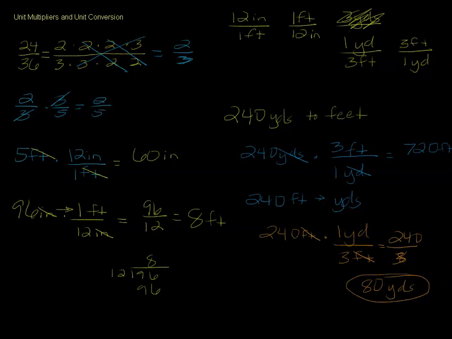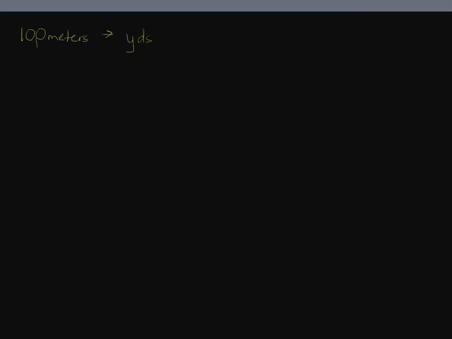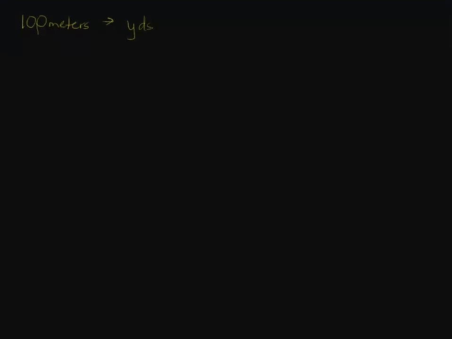Now, like I said, this is going to help you in the long run if you know this converting instead of just guessing. So let's do 100 meters to yards. Now, 1 meter is about 1.1 yards.